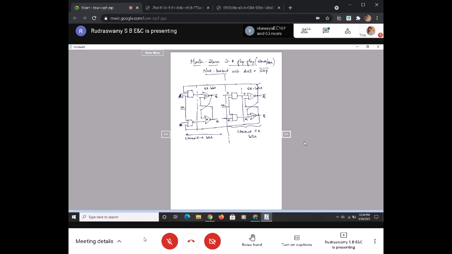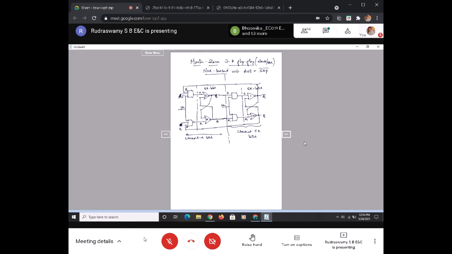This is Q bar and this is my Q. Instead of R, I call this K. Hope this is fine. Yes, this is R. And whatever the Q bar I am having, this will automatically go to this output, and this as the clock input.